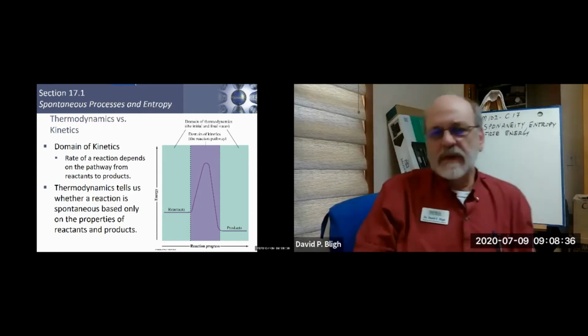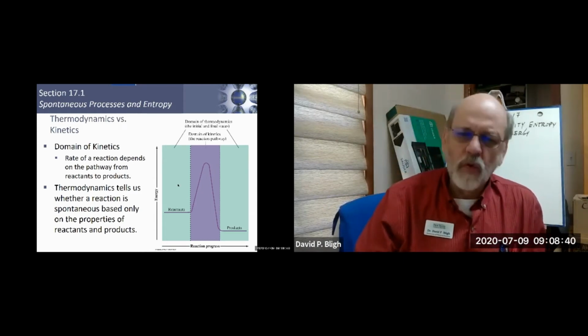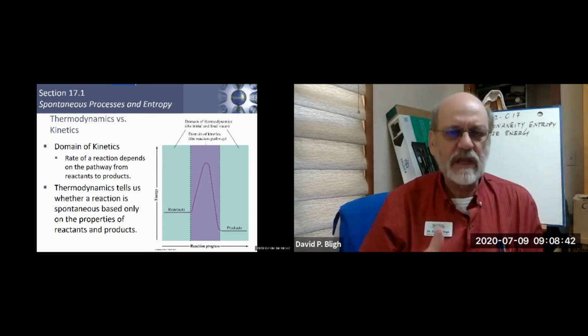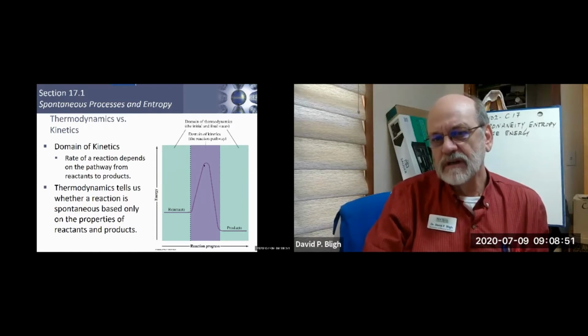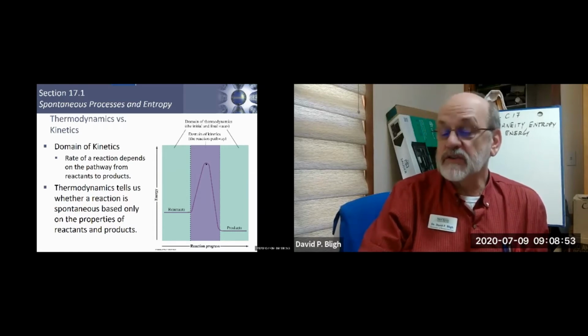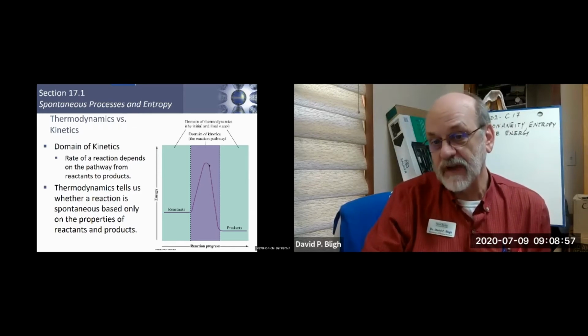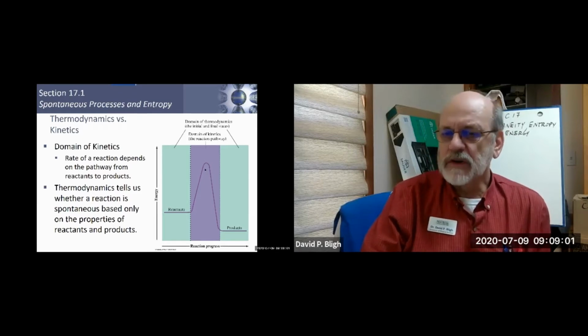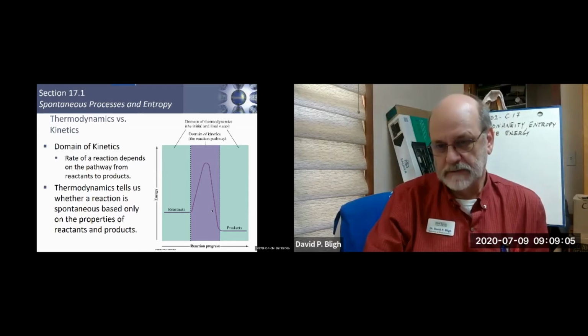So this diagram we use to illustrate what part of the reaction each addresses. The kinetics addresses this middle part, where we see a rise in energy till we reach the activated complex, right? We have to put in so much energy to get there, and then it heads down the other side. So we know that the reaction will proceed faster if this hump is smaller.